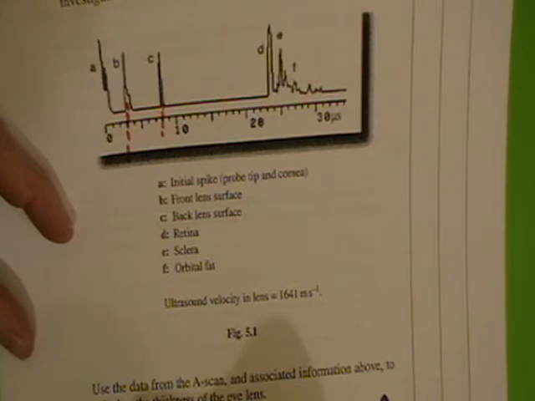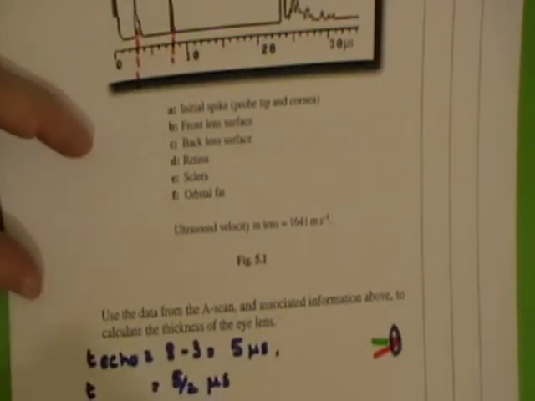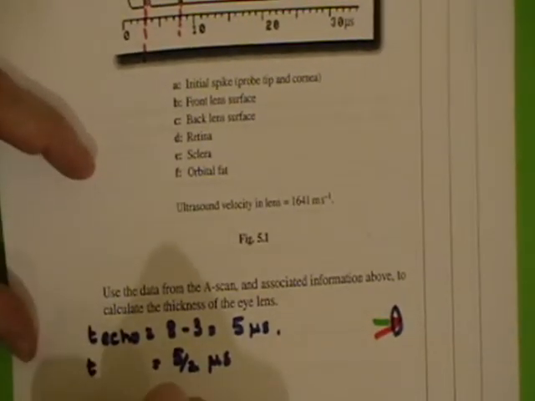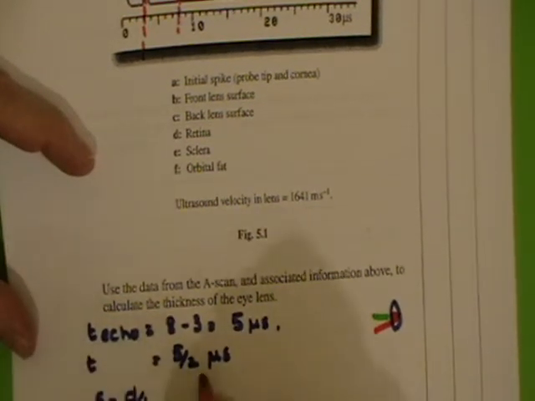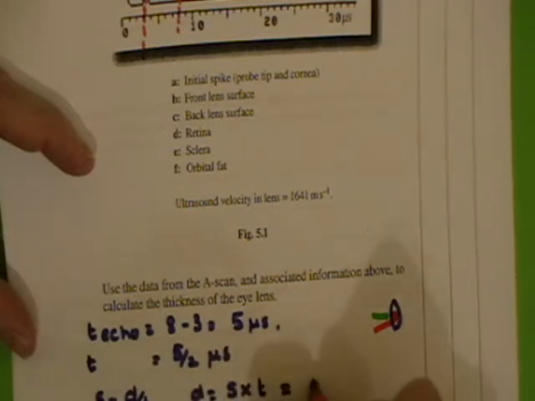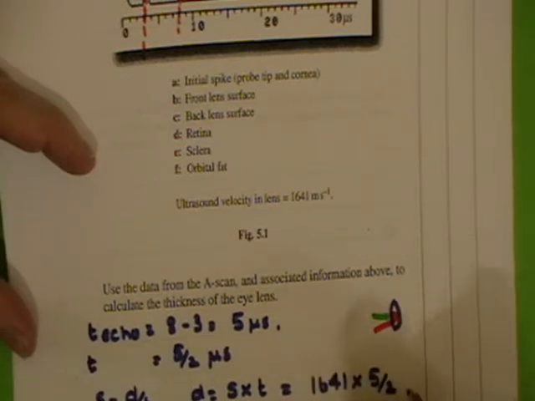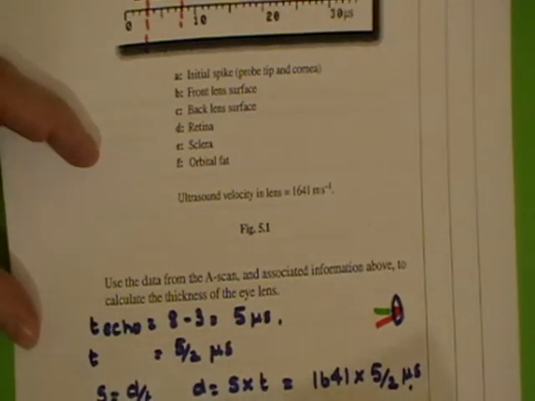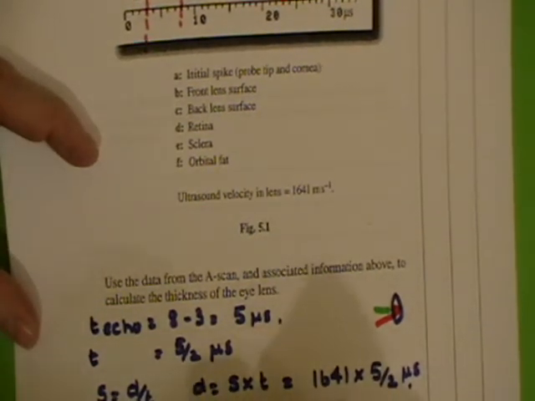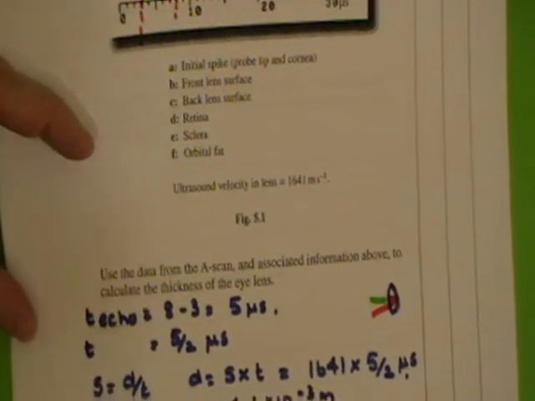This just becomes a speed is distance over time question. We're looking for the distance, so distance is speed by time, equal to 1641 multiplied by 5/2 microseconds, and that's very important, by 10 to the minus 6. That gives you a depth of 4.1 by 10 to the minus 3 meters, or 4.1 millimeters.